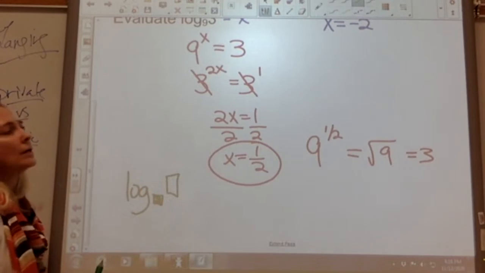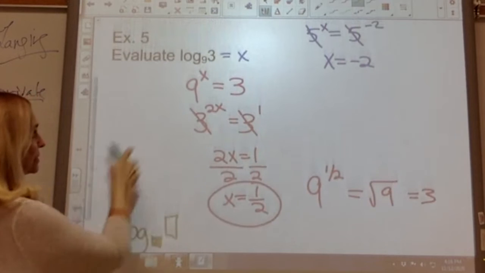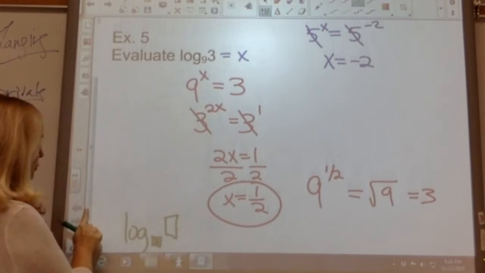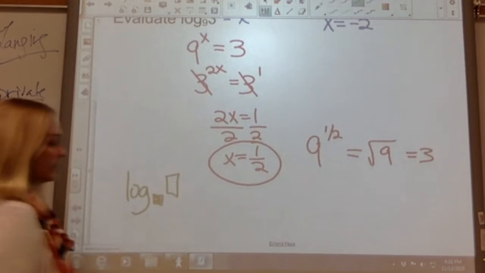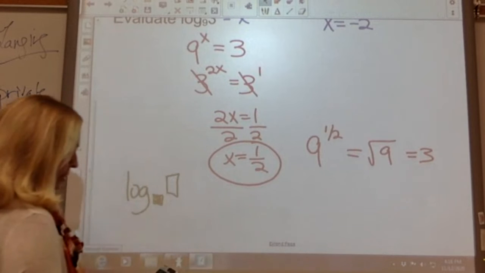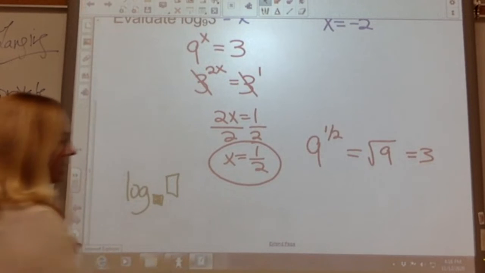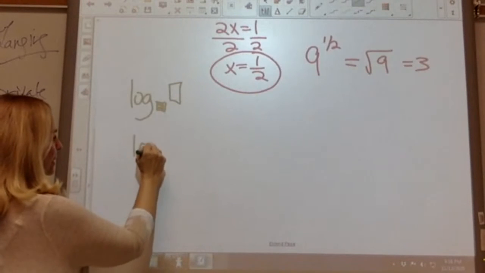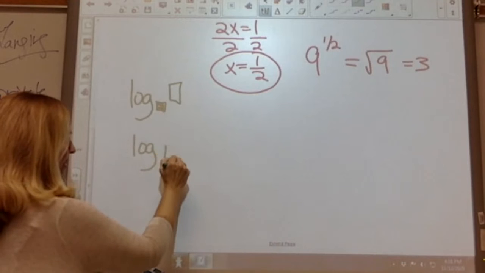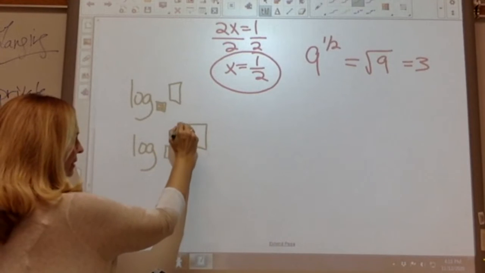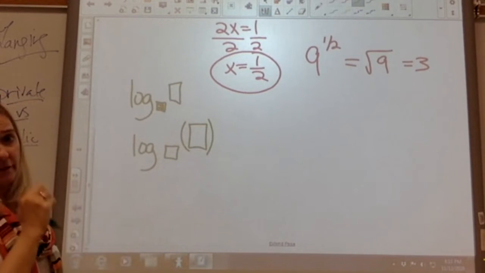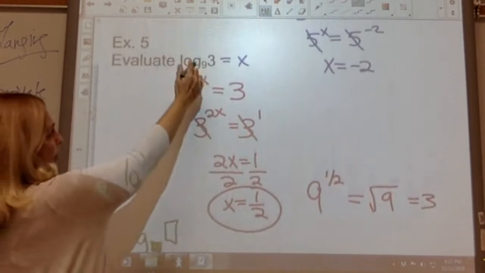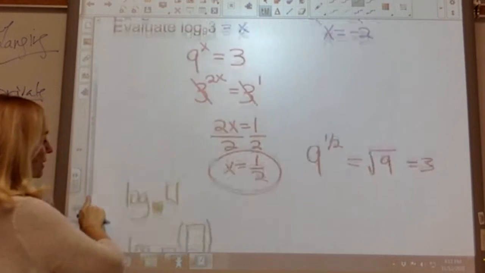Okay? So if you wanted to type in something that had a subscript for the logarithm, then you would use this key on the Casio. And so, like if I press that button, it brings up log, and then it's asking me to fill in this box and this box, and it has this one in parentheses. Okay, and then I would just type in, like if I wanted to do this problem, I would type in 9 and 3.